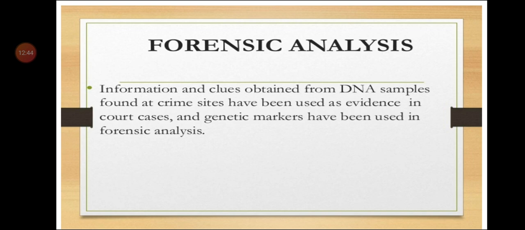Information and clues obtained from DNA samples found at crime sites have been used as evidence in court cases, and genetic markers have been used in forensic analysis. This is a major and very important application.